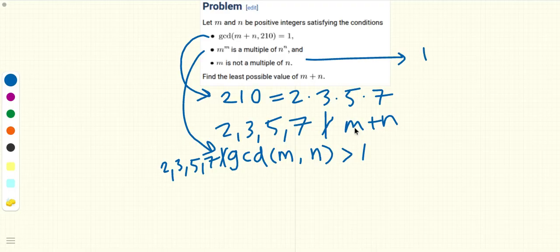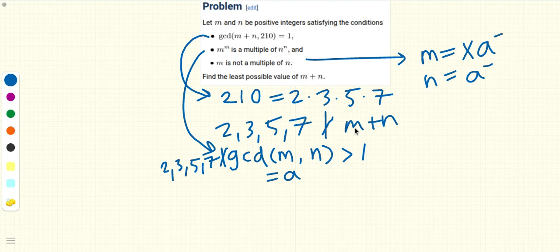Let's say the GCD is equal to a. Then we'll say that m is equal to some other number times that GCD, and n we'll say is equal to a to the power of something, because we want to minimize m plus n. And m is equal to x times a to the power of something.